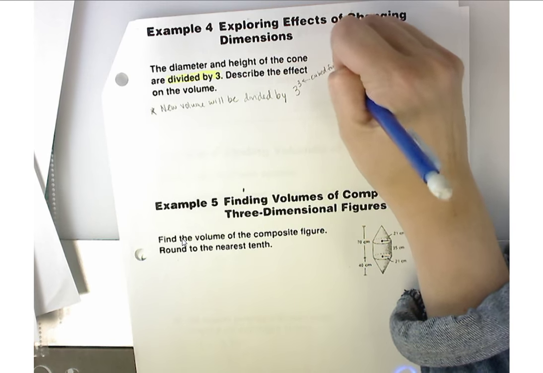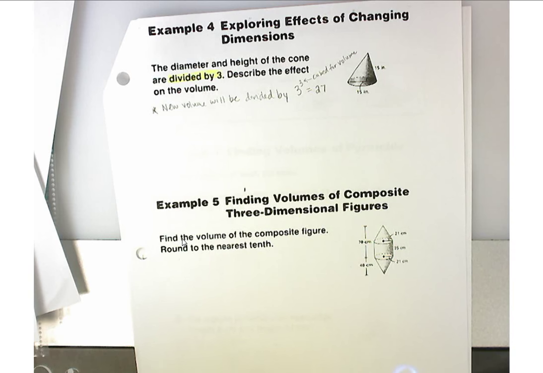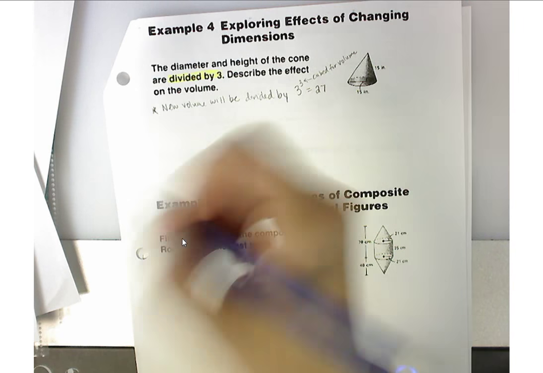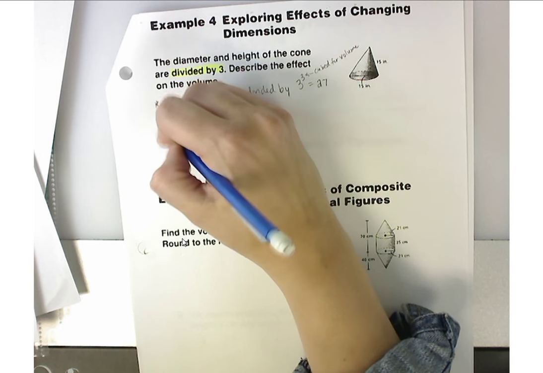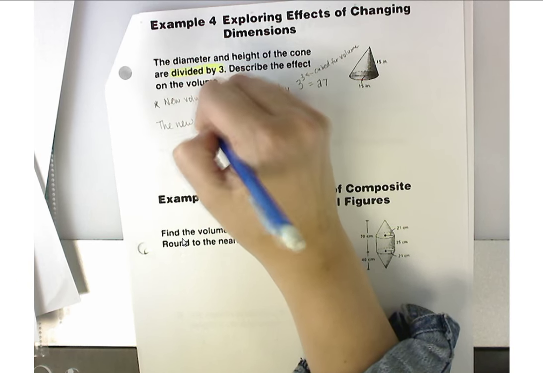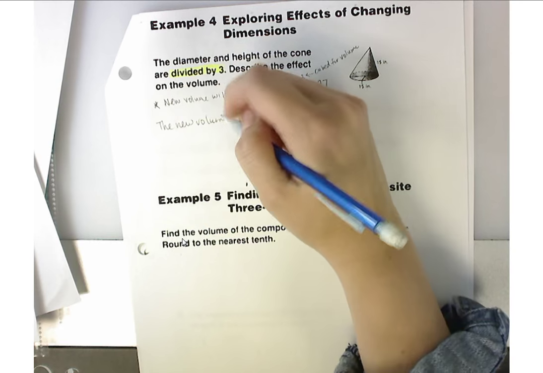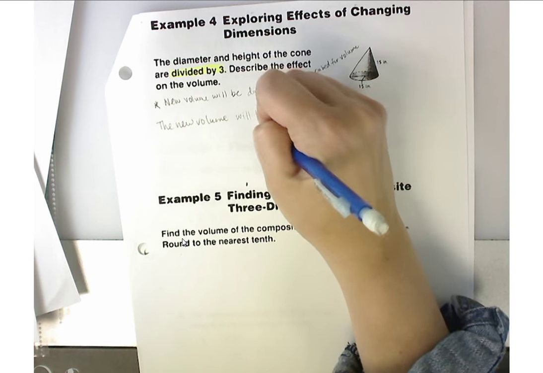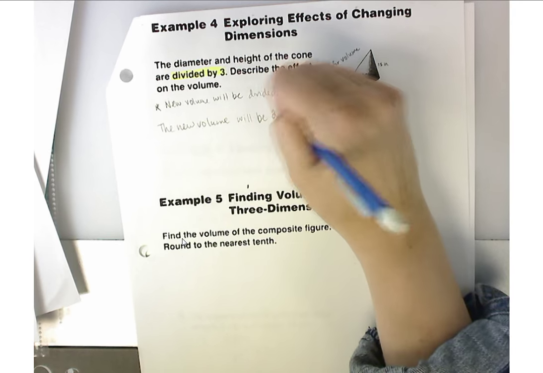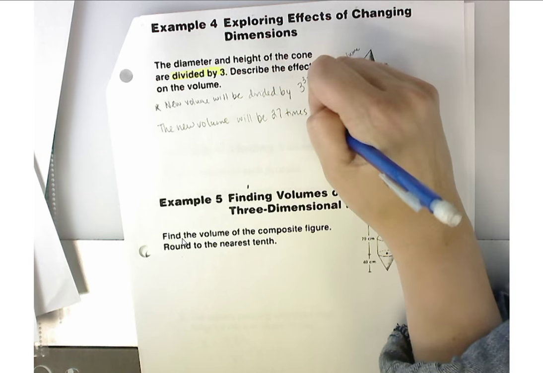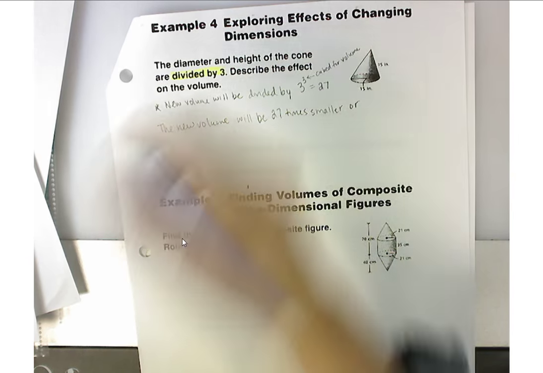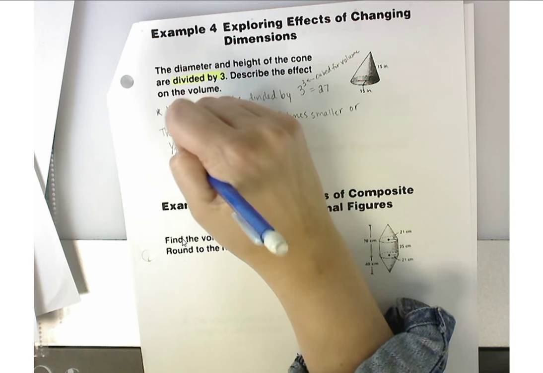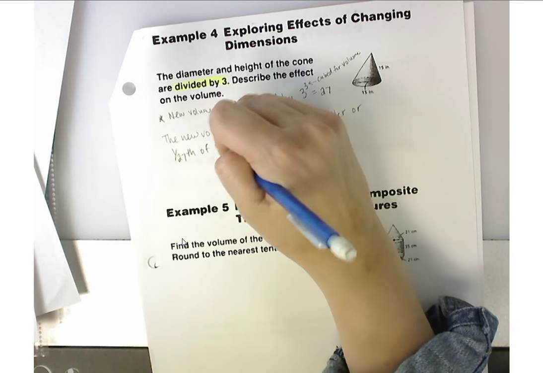Okay, so 3 cubed is going to be 27. So the way that we would write this is we would say the new volume will be 27 times smaller, or you could say 1/27th of the original volume.